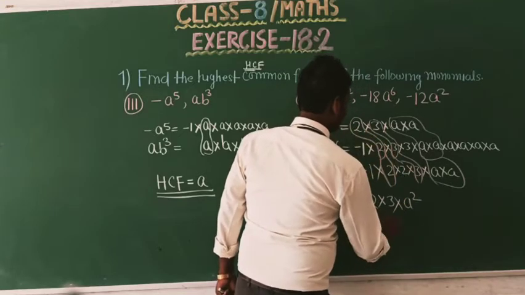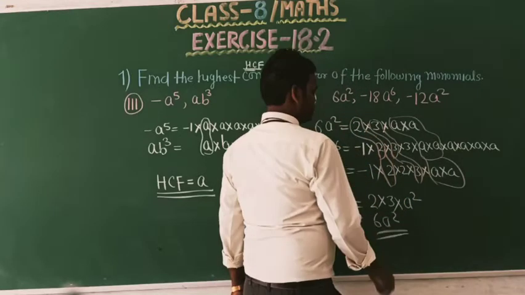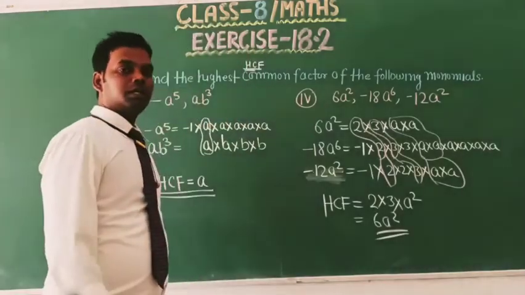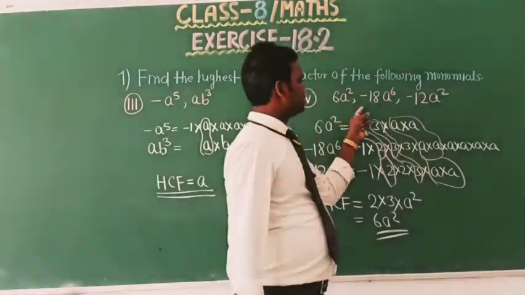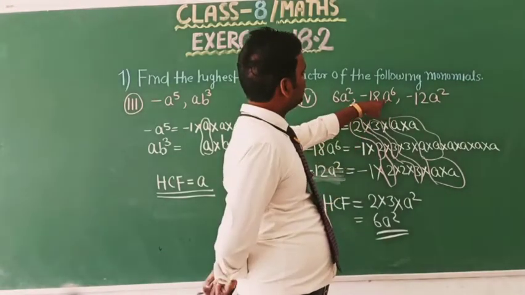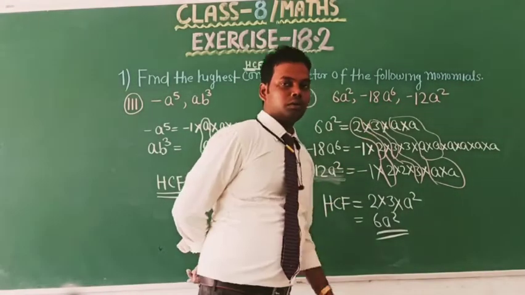So this is 6a square. 6a square is the highest common factor of 6a square, minus 18a to the power 2 and minus 12a to the power 2.